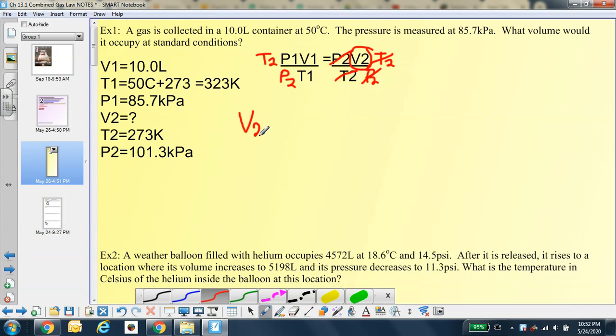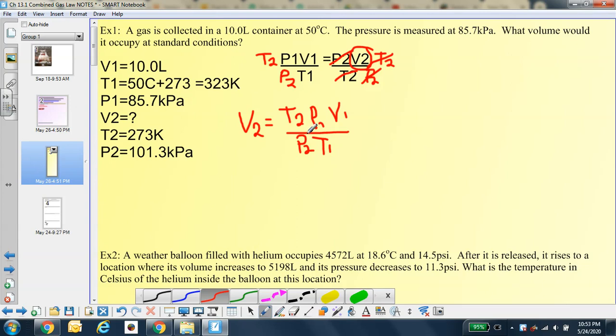So let's write our formula to solve for our unknown variable: V2 equals temperature 2 times pressure 1 times volume 1 divided by pressure 2 times temperature 1.